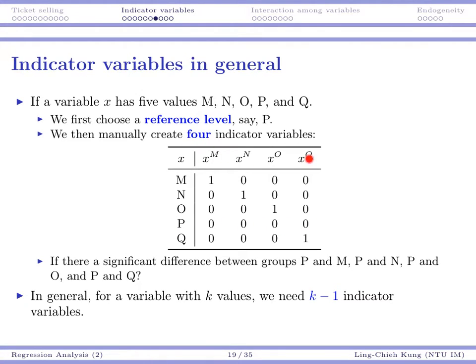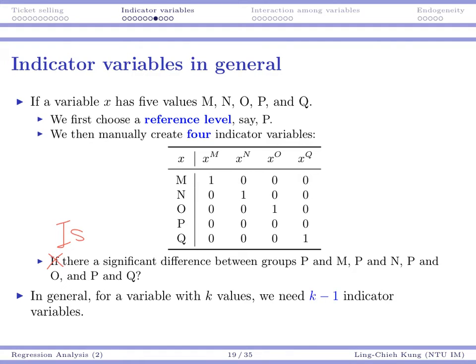For the other 4, it would become 1 if that corresponding value exists for x. So, what we may answer is whether there is a significant difference between P and M, P and N, P and O, and P and Q. That's something we may answer. But we can say nothing about the difference between M and N and O, or something else.